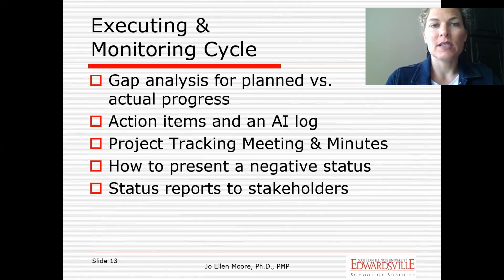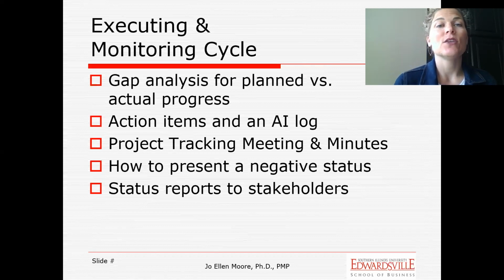Some things we want to think about during the executing and monitoring cycle, as we cycle back and forth, is making sure that we're looking at our plan, our WBS, and looking at what we planned to do versus where we're really at, that reality, in what's called a gap analysis, and seeing: are we on track?